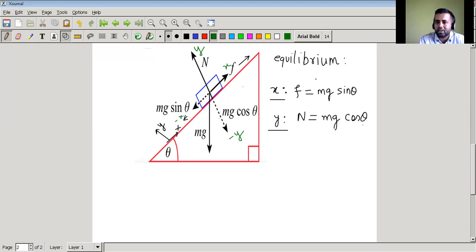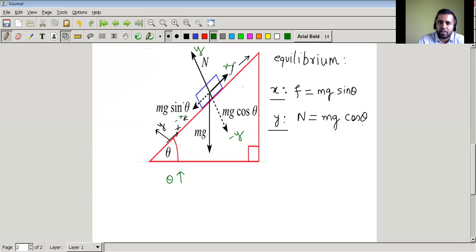Now this is a condition even when the block is sliding down with constant velocity. Fine. So if it moves with constant velocity, then also you know that the net force on it is zero. Fine. Which is governed by Newton's first law. Now what happens as you increase this theta? So suppose we increase theta, bigger and bigger, what will happen?